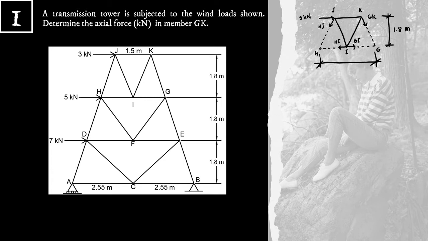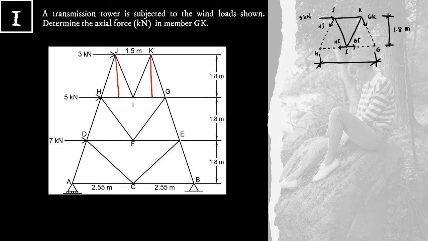And from our method of joint solution, we have known that this distance as well as this distance is equal to 0.6. And if this is 1.5 meters, this is also 1.5 meters.